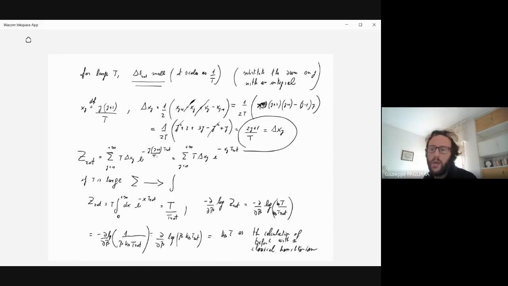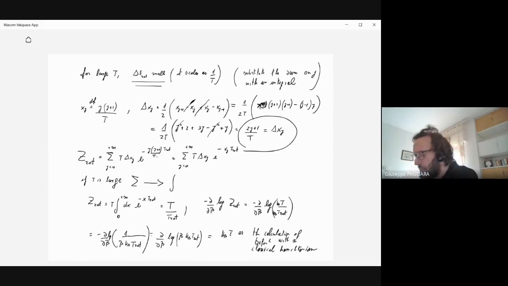So I am sure that this result derived from the quantization of angular momentum and therefore rotational energy in quantum mechanics provides the same result, at least in the large temperature limit, because it's exactly the same result we obtained before with the classical Hamiltonian associated with the rotation of this rigid bar.